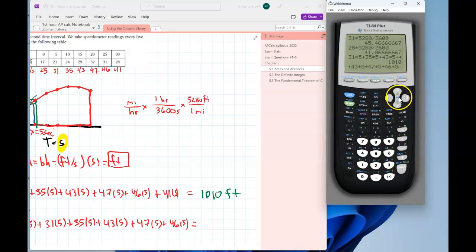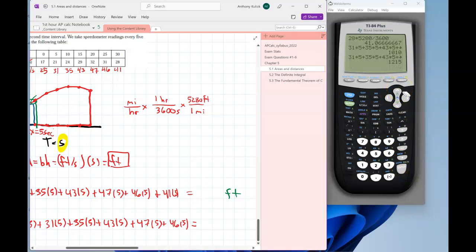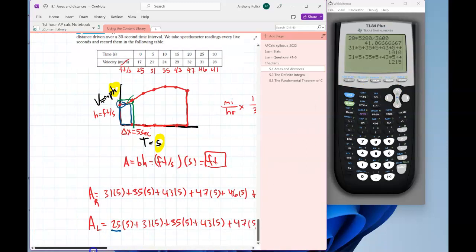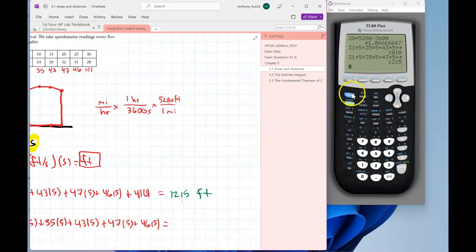And then if I do the left hand, I forgot that last one. 41 times 5. Okay, 1215 is that. Okay, and then we'll do the other one. And there I've just replaced the 41 times 5 with a 25 times 5. So that should be 1135.